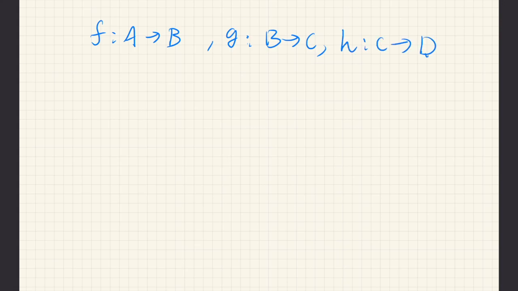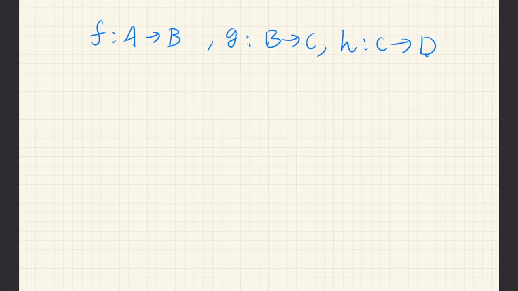Okay, next we show that map composition is associative. Remember what associativity means? So let's say we have three maps. So f from A to B and g from B to C, say, and h from C to D. Okay.